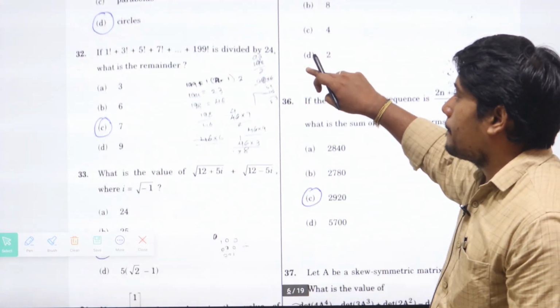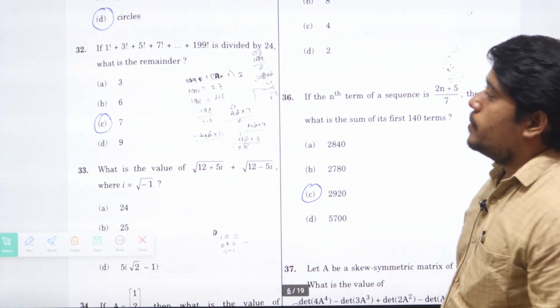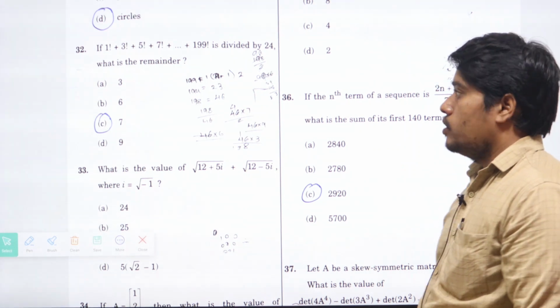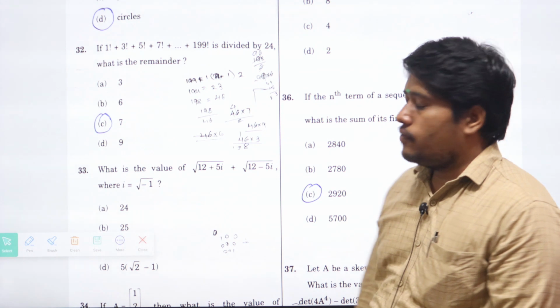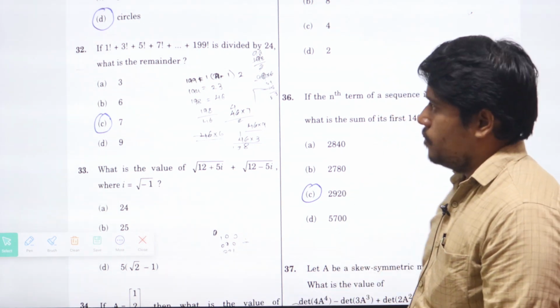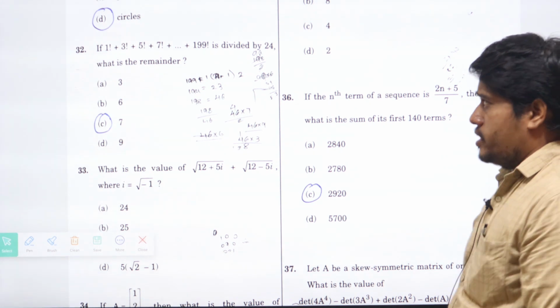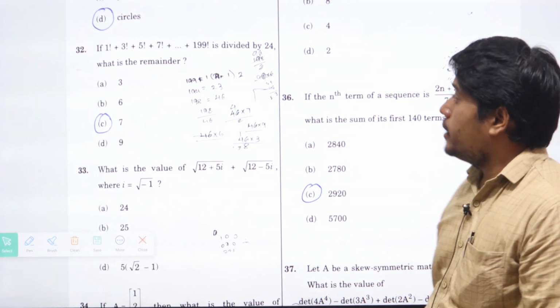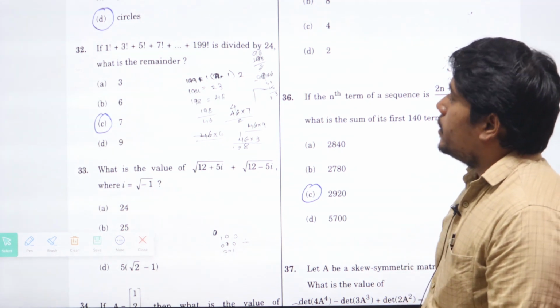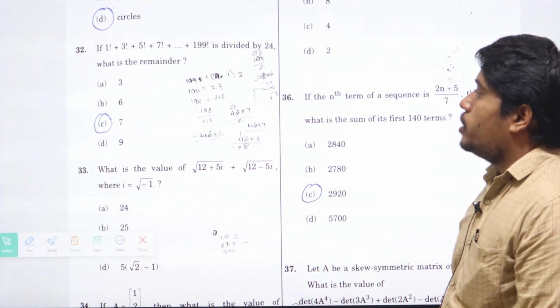Next, question number 32. So this is a concept of combination. 1 factorial plus 3 factorial plus 5 factorial plus 7 factorial up to 199 factorial is divided by 24.